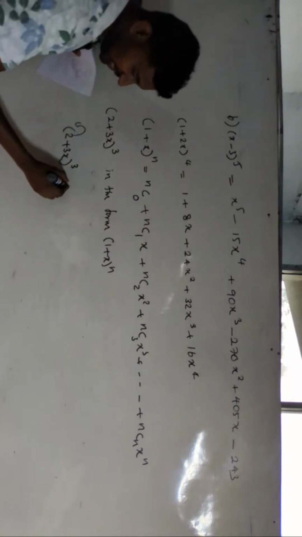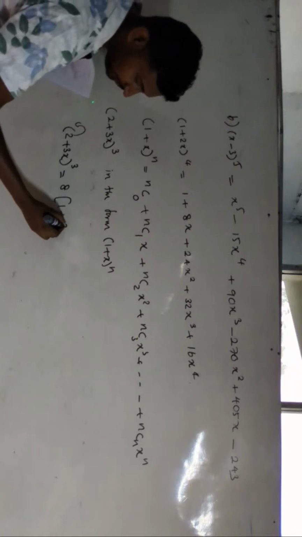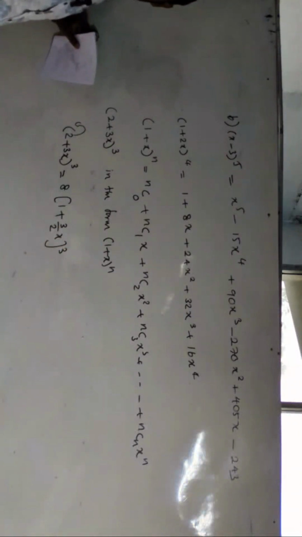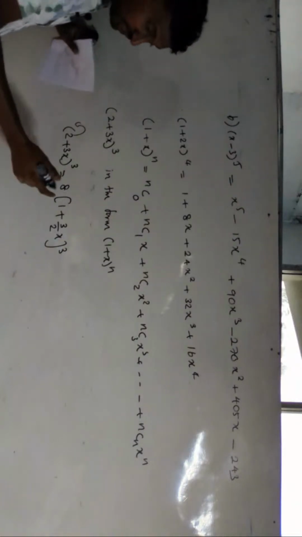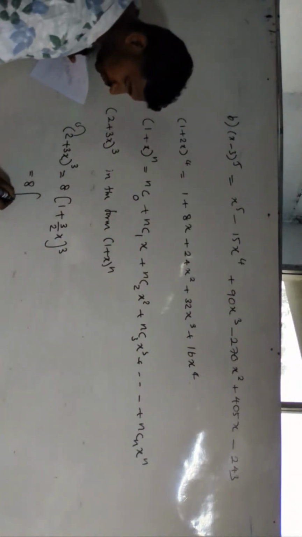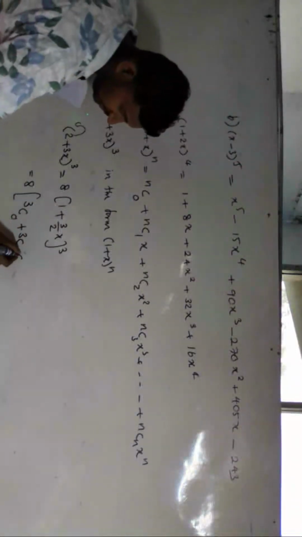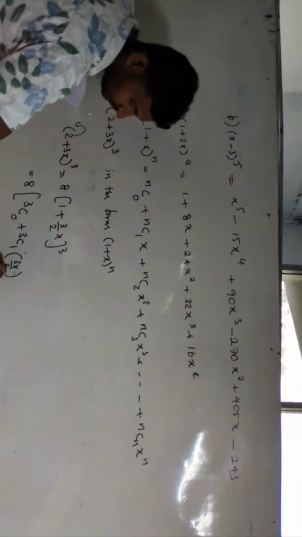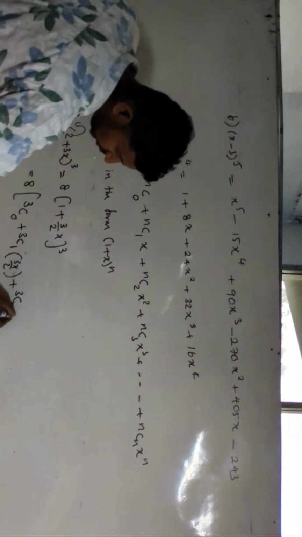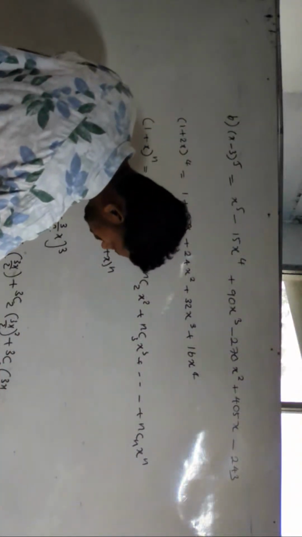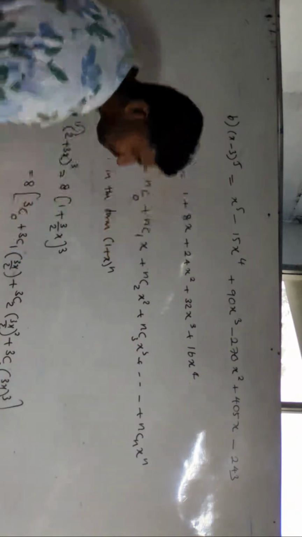So here, 8 into 1 plus 3 over 2 into x, cube. Got it? Now it's easy to do the expansion. 8 into 3c0, 3c1 3x over 2, 3c2 3x over 2 squared, 3c3 3x over 2 cubed, just like that.